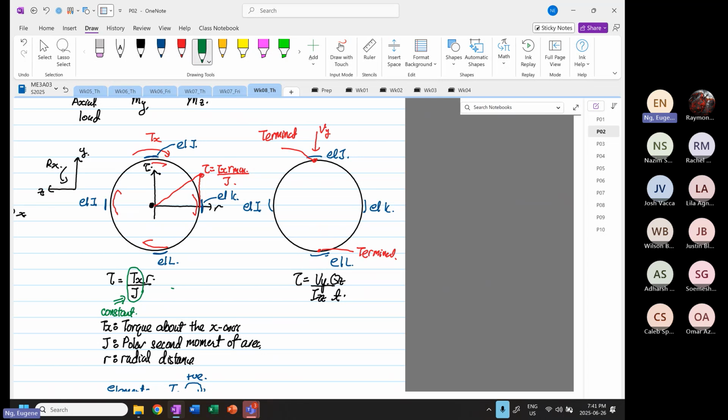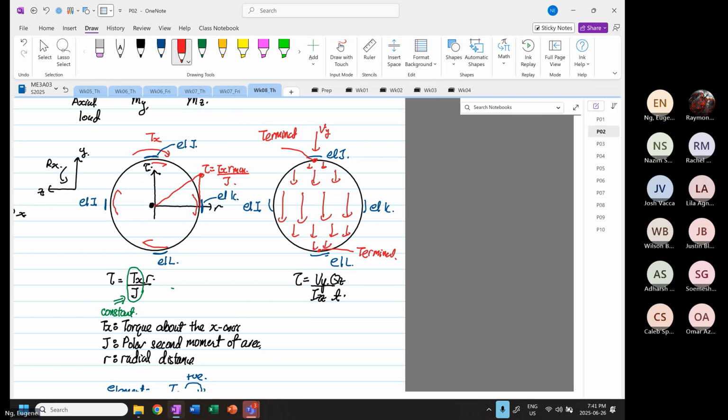Again, the shorter length gives you lesser shear flow. The longer the length, the shear flow gets bigger and bigger. The shorter the length, it gets smaller.